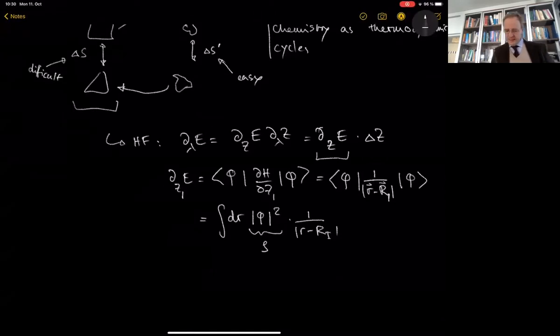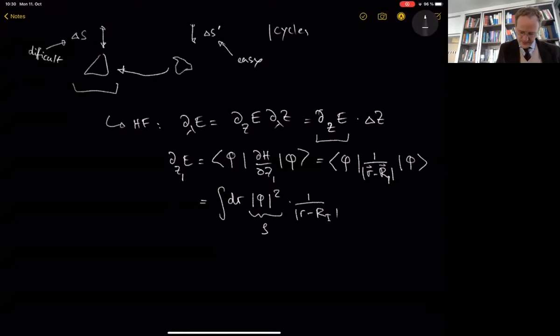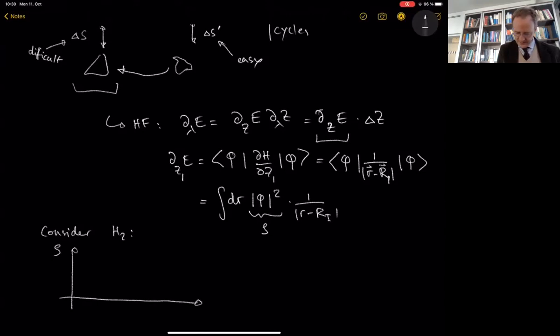Now, imagine that you consider the H2 molecule. The electron density rho, and this is my x along the molecular axis. My rho would look something like this, right? And this is where your nuclei are, the 2 nuclei.